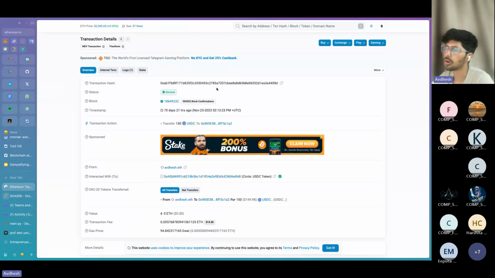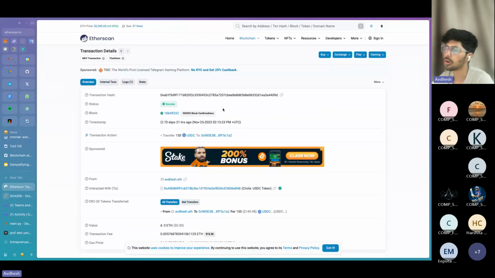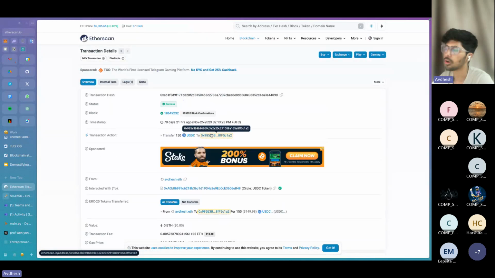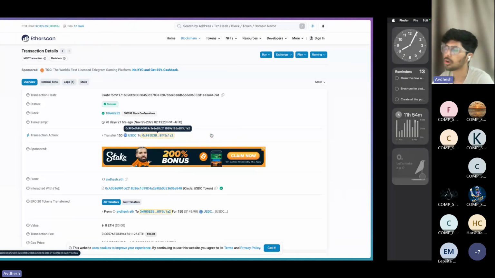So this was the transaction done by the hacker from my wallet. As you can see, 150 USDC. USDC is another way of saying US dollar on a blockchain. It was transferred to the hacker's account, and you can also investigate how he did it, but it's a bit complicated and out of our syllabus, so I won't do this.